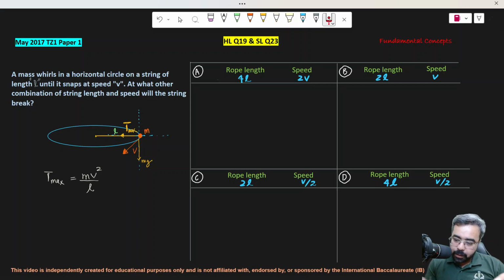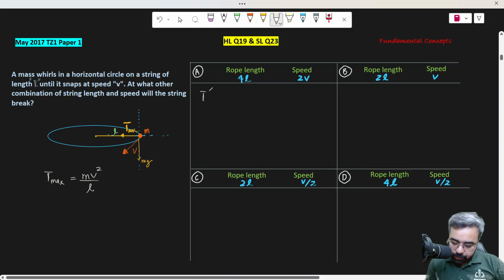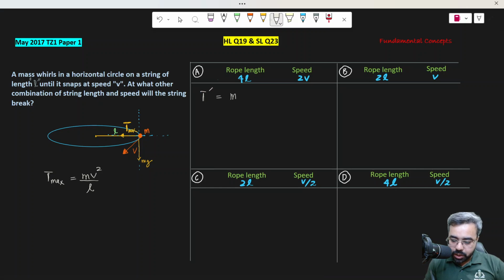If any combination gives mv square over L, then at that combination the string will break. For the first combination, T prime is the new force. The mass is not changed, m, and v square is 2v whole square, divided by the radius, which is 4L.